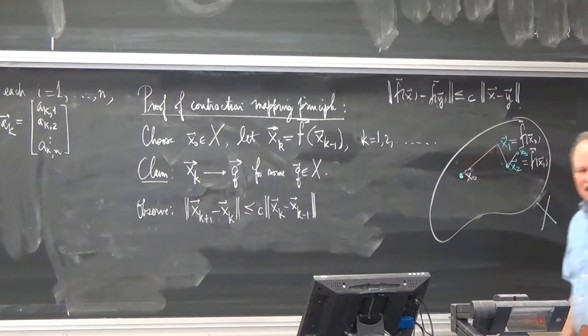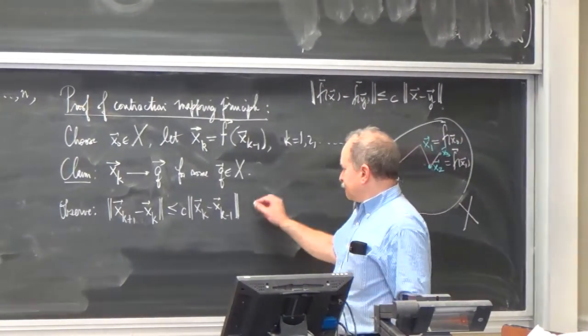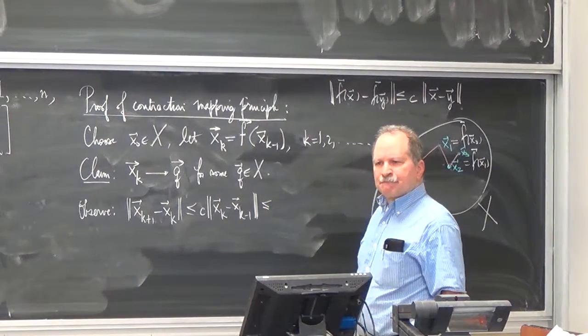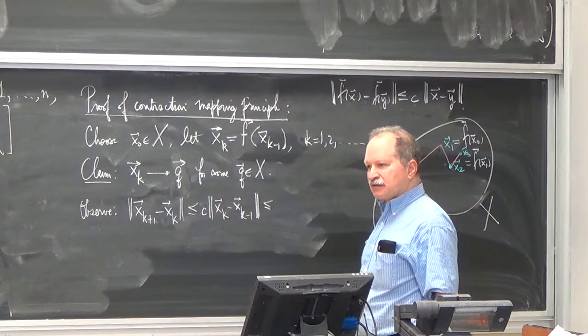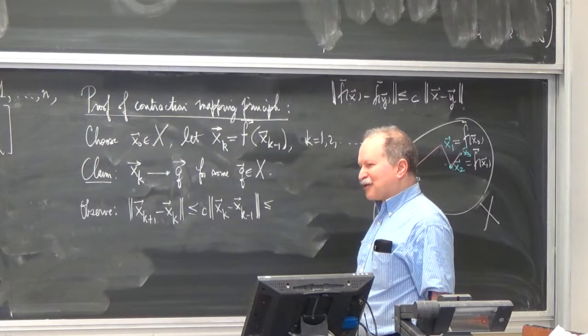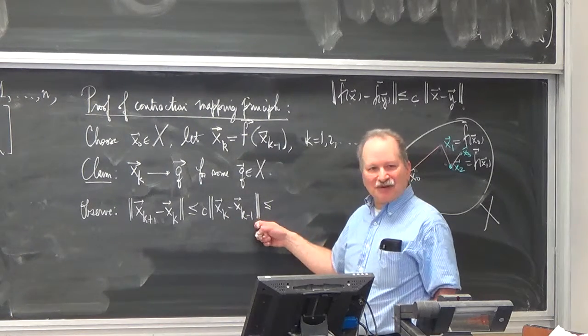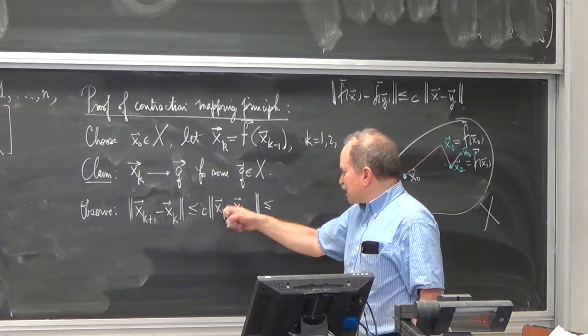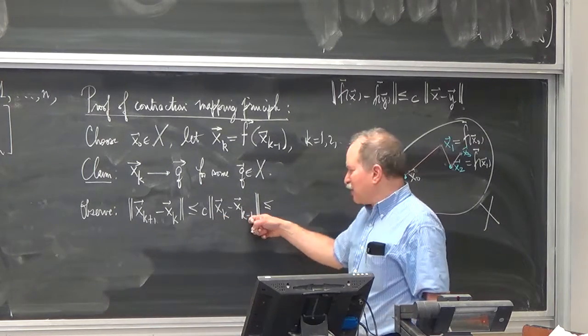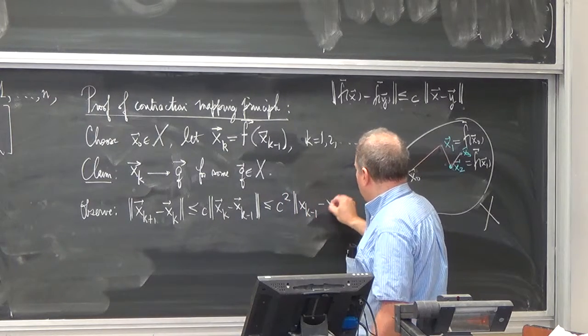And then that's less than or equal to c squared times the distance between x sub k minus 1 and x sub k minus 2. Each time you pull out, you say this is f of the previous one, so you pick up another c.